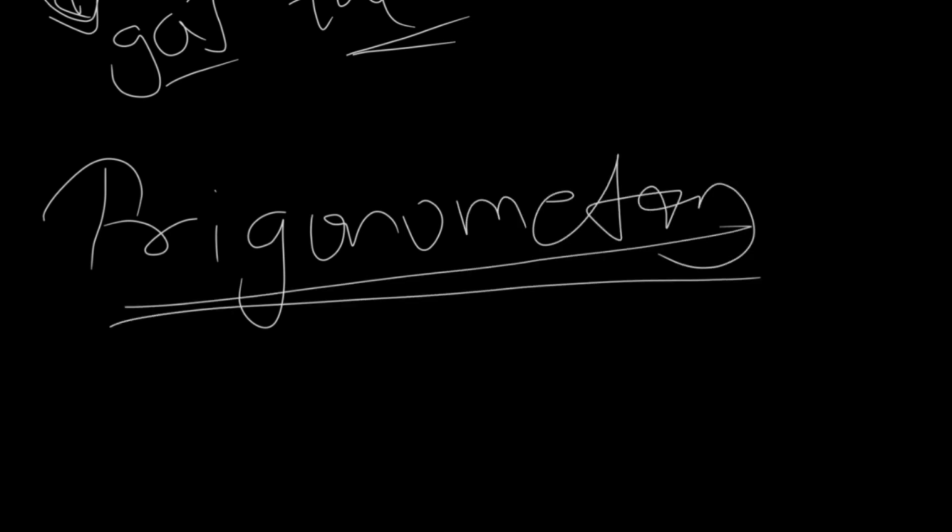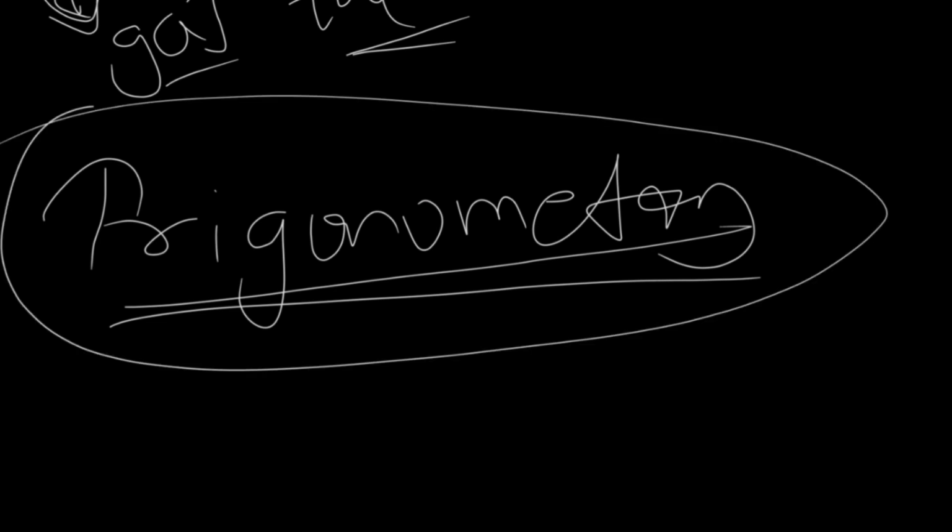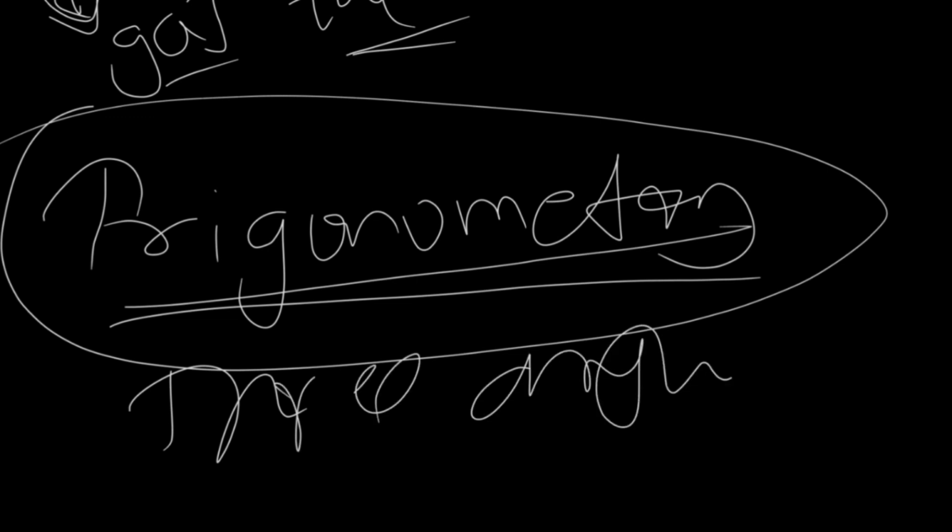It's just about 3 angles, 3 sides, and 3 angle measurement. The meaning of this word is 3 angle measurement, and we can find 3 angles in a triangle. So it's about triangles.